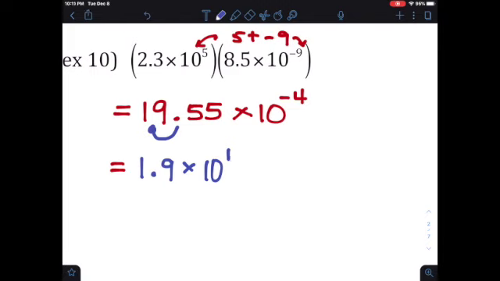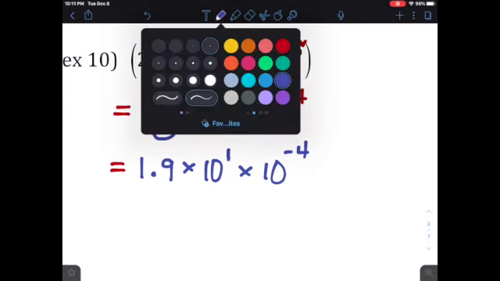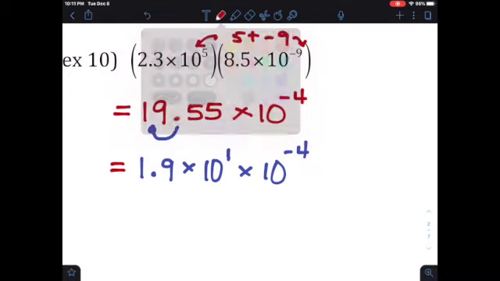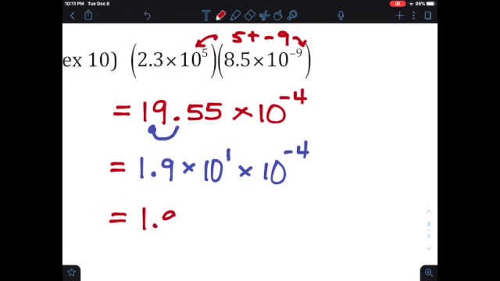Well, think about it. 1.9 times 10, does that give you 19? Yeah, okay. And then times 10 to the negative 4. And when you simplify them, because I don't want all kinds of 10 bases there, that's just going to be 1.9 times 10 to the negative 3.